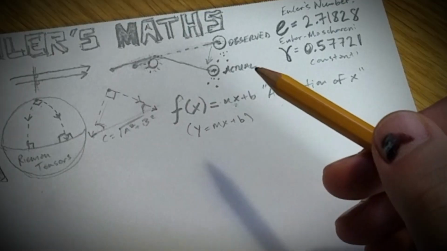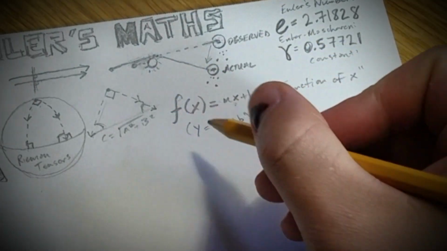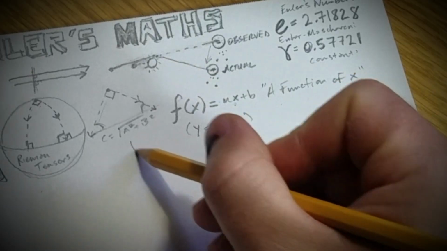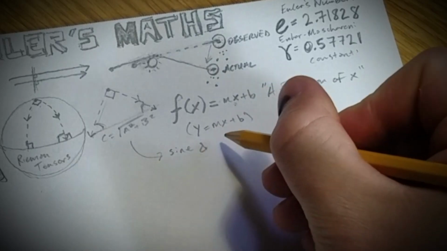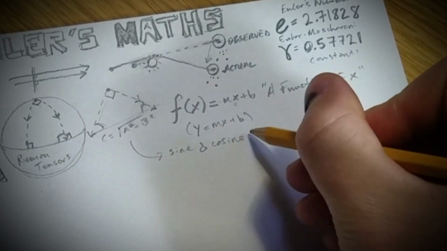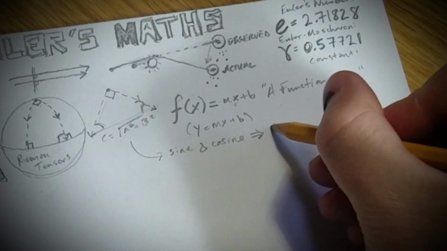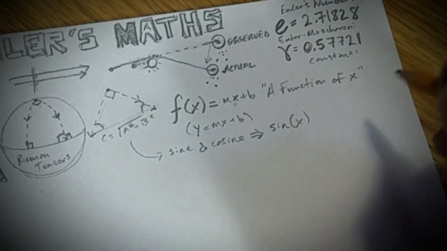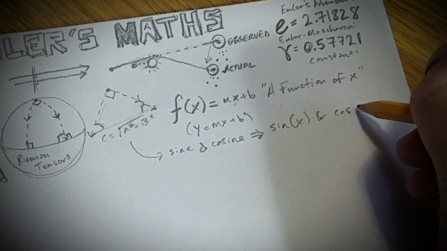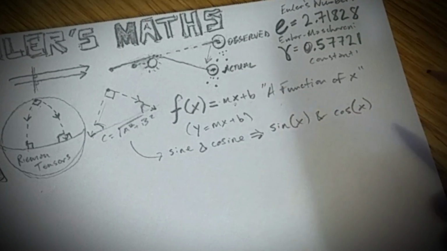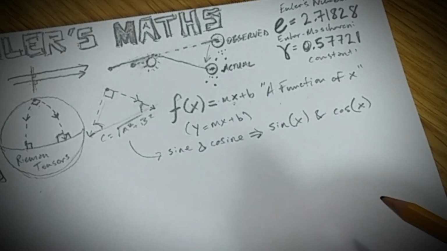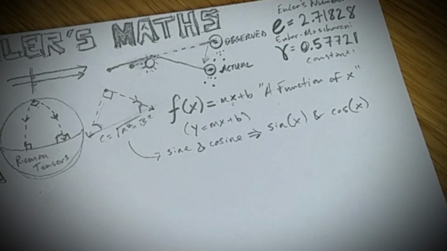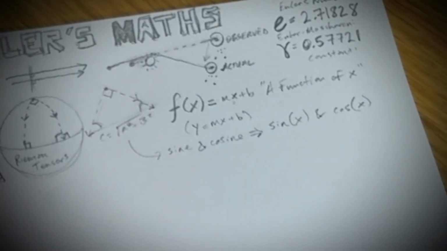On top of this, he also popularized the notation for trigonometry, for sine and cosine as sine of x and cosine of x. Not to mention e and the natural logarithm that we've already talked about.